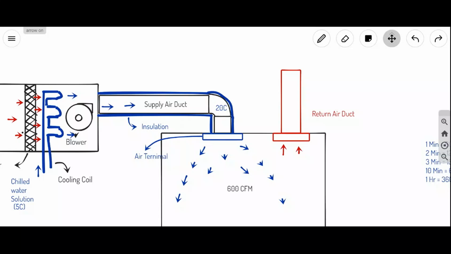Architectural design, sir. Architectural design, okay.